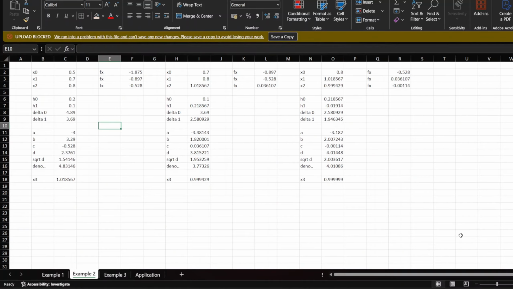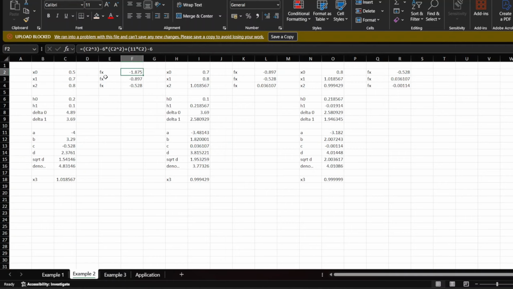Coming to example 2, we just use one equation, and we use only the Mueller method. We use three assumptions, which are x0 equals 0.5, x1 equals 0.7, and x2 equals 0.8.